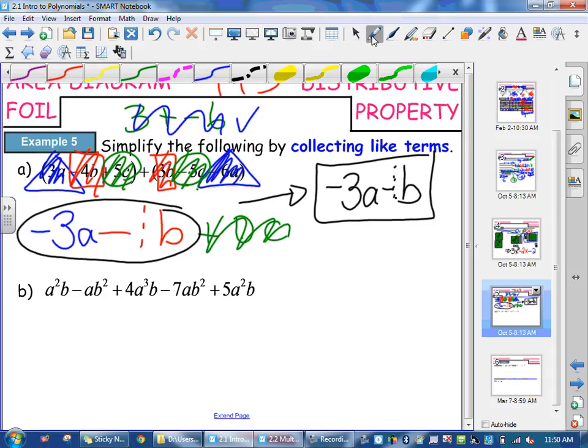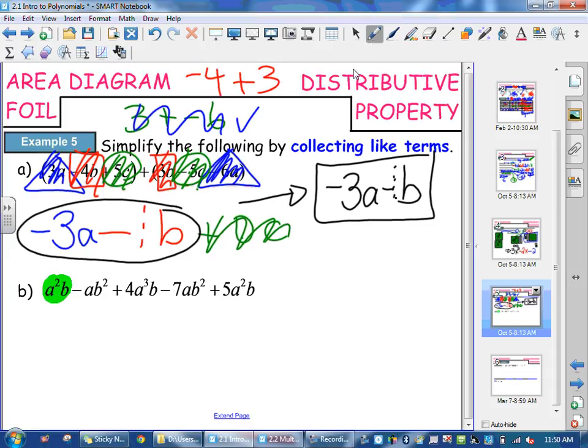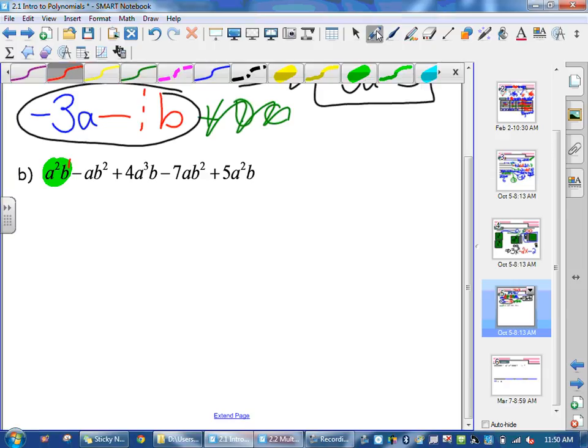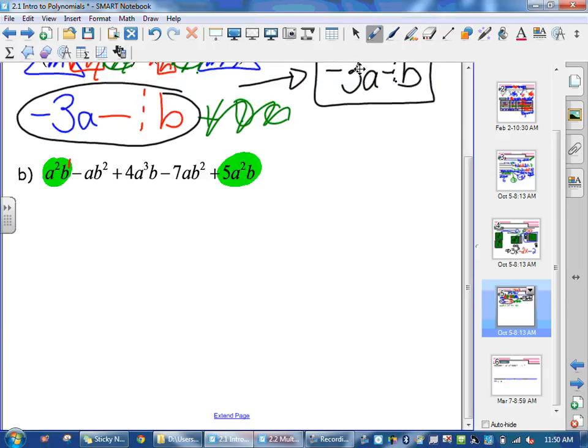So, on this one, I've got a squared and a b to the 1. He can only add to the a squared b1. Do you see any other a squared b1s? Yes, where do you see it? At the very end, good. So we see an a squared b1.